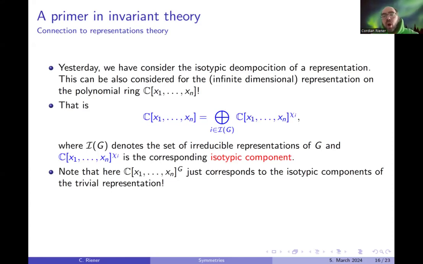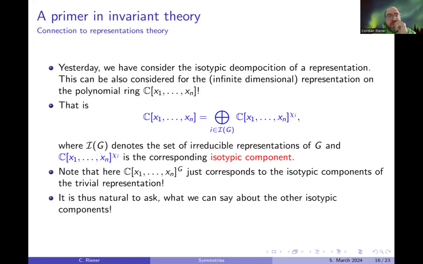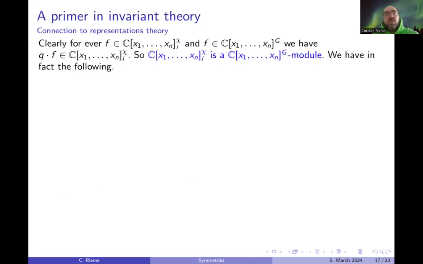And of course, on an invariant polynomial, my group acts trivially. But there are other parts in this isotypic decomposition, at least if my group has more than one element, and it's very interesting to ask what actually happens to these other components. I just want to briefly mention two things.